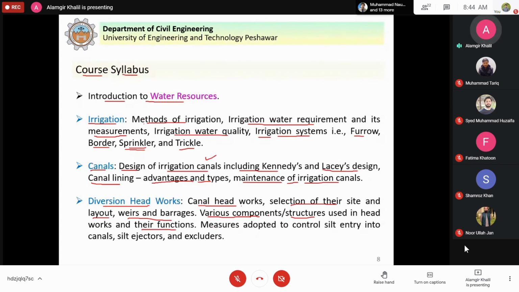As I said, canals carry water, and water may carry sediments. So we will study the measures adopted to control the silt entry into canals, because these silts can deposit in the canal beds.